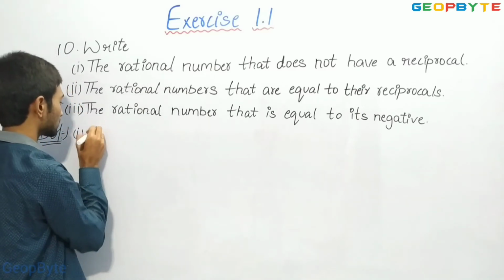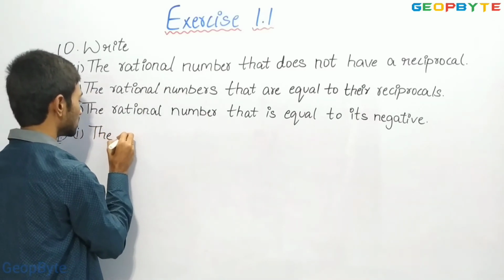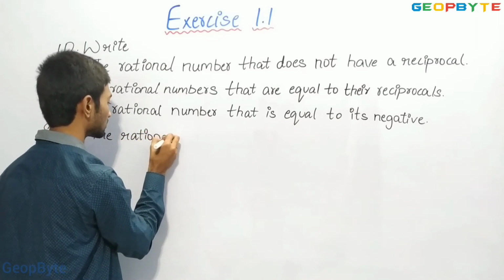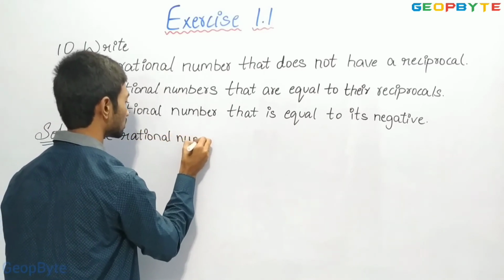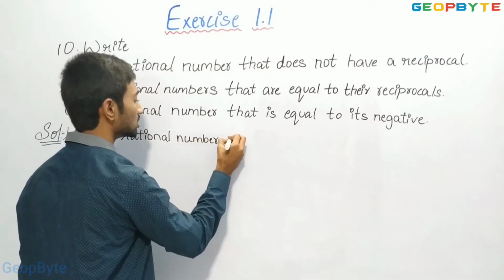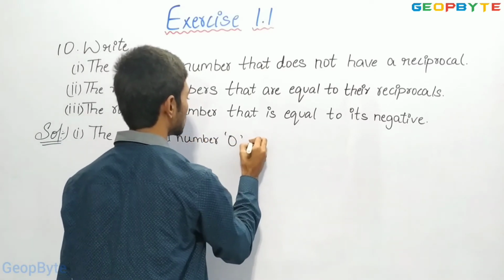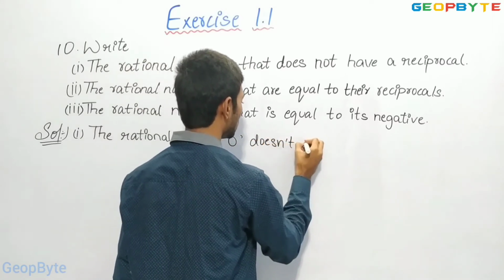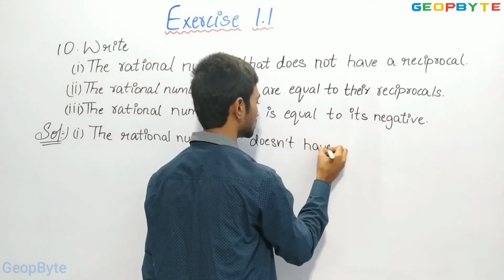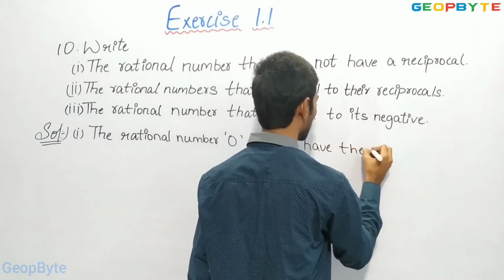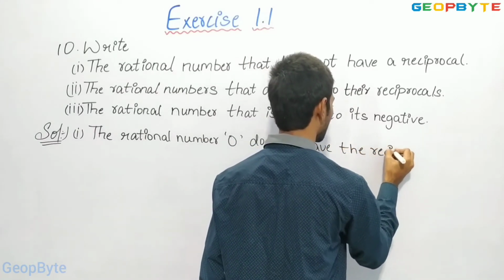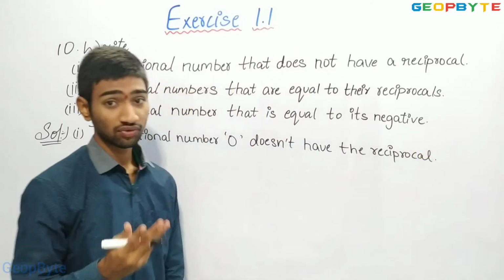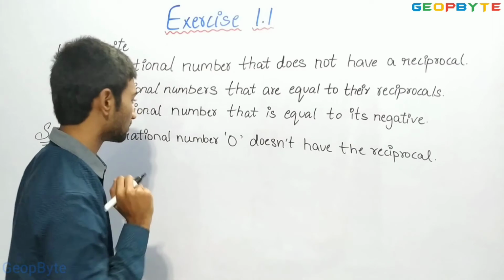So the rational number zero does not have the reciprocal. Therefore, 0 has no reciprocal.